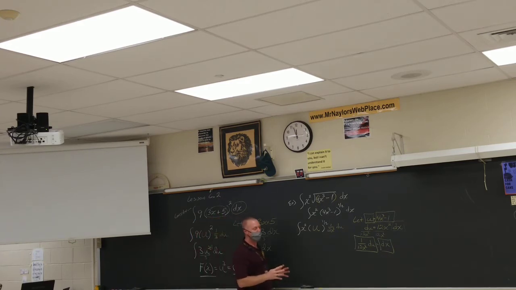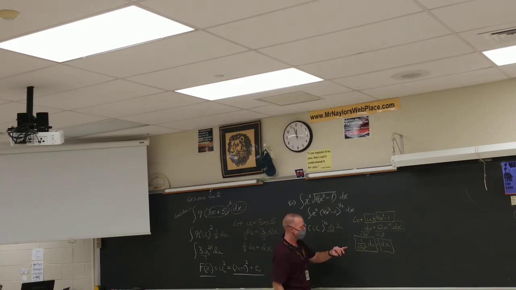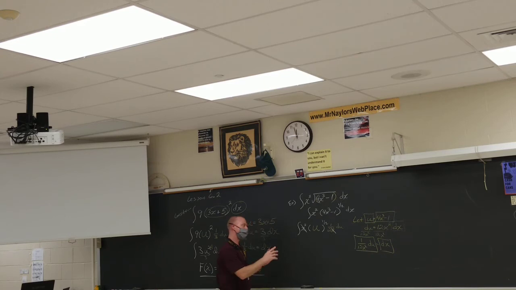And you will. At least that's our goal. You will understand what I mean when I say that the du, or excuse me, the derivative of u, which was equal to 12x squared, that du, obviously it got rearranged, but it was meant to cancel. It was meant to cancel with the rest of the problem.